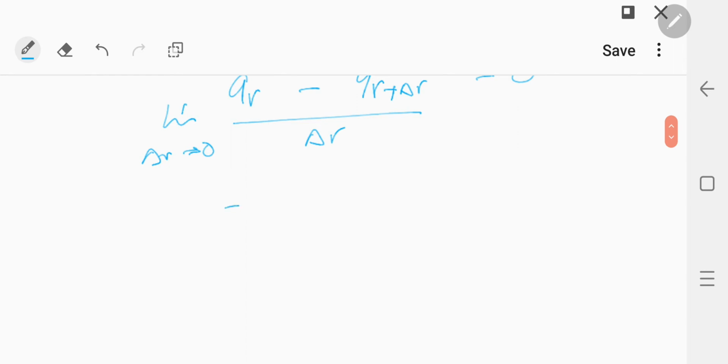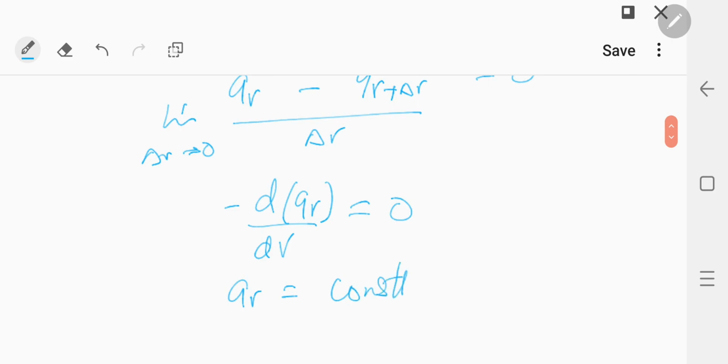So what we have is minus dQ by dr at QR equal to 0. That is, QR is constant.